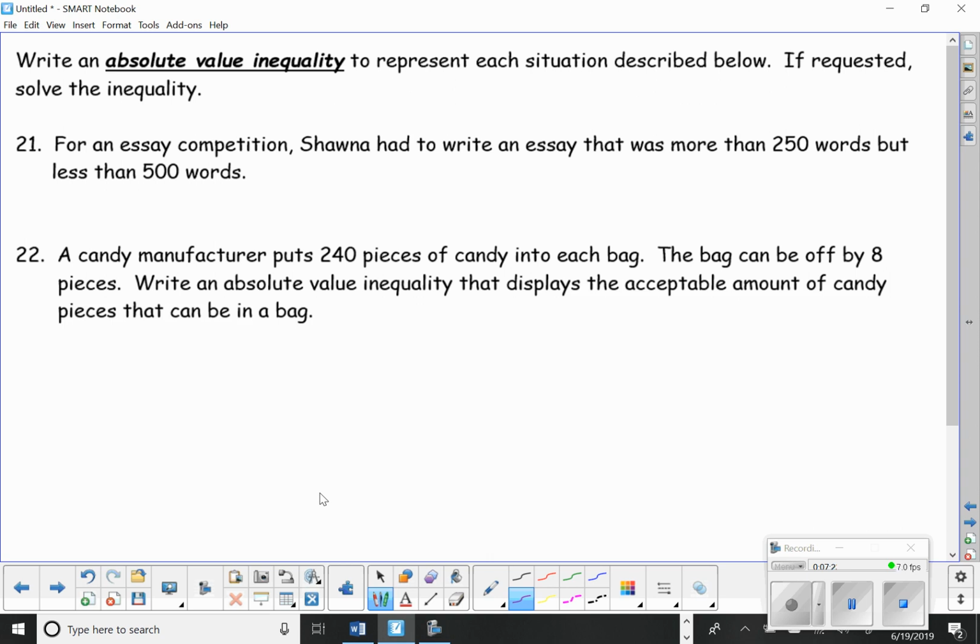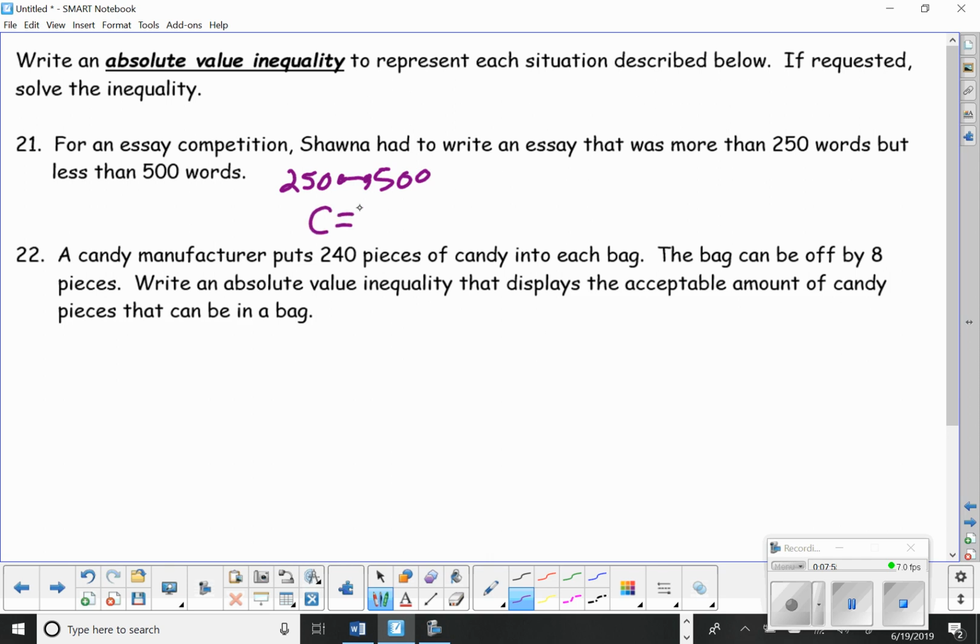For an essay competition, Shauna had to write an essay that was more than 250 words, but less than 500 words. So that means her essay's got to be from 250 to 500, right? So that's an and. Well, what is the center? What's halfway between 250 and 500? Hopefully you know that it's 375.